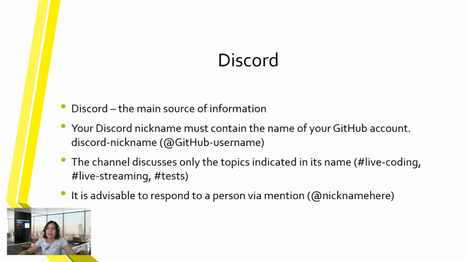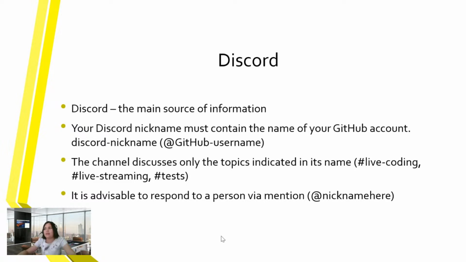Discord is the main source of information. We kindly ask you to write your nickname as name, surname, and in brackets your GitHub account. It will help us to understand who asked the question.